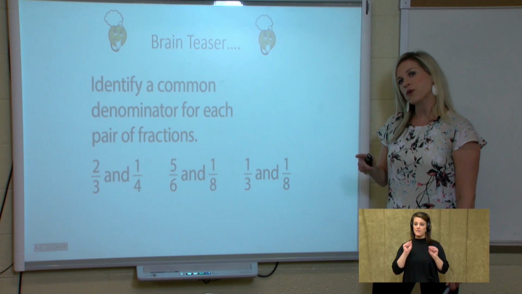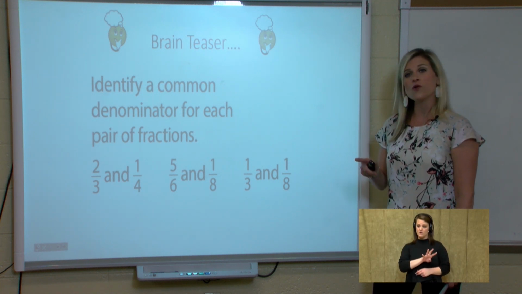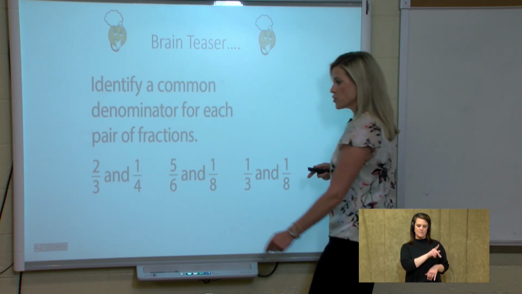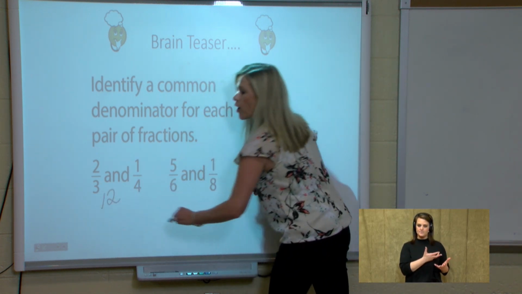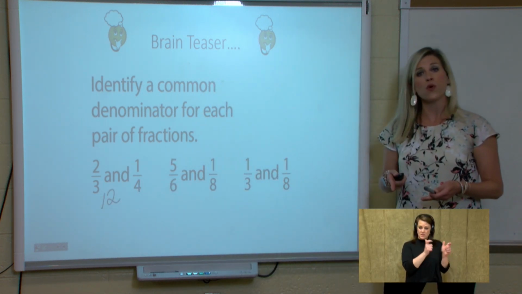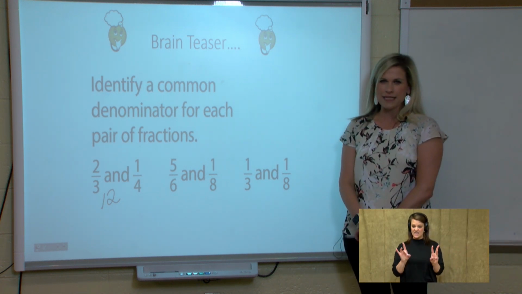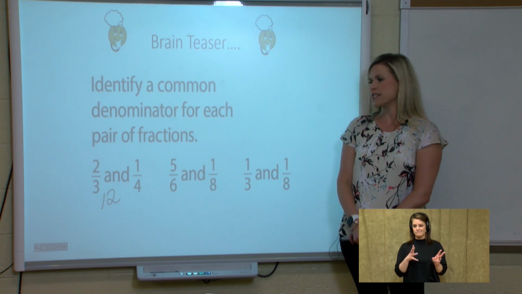All right, so for 3 and 4, the lowest common denominator you should have found was 12. The lowest number that 3 and 4 have in common is 12. What about 6 and 8? That could be hard, that could be tough.